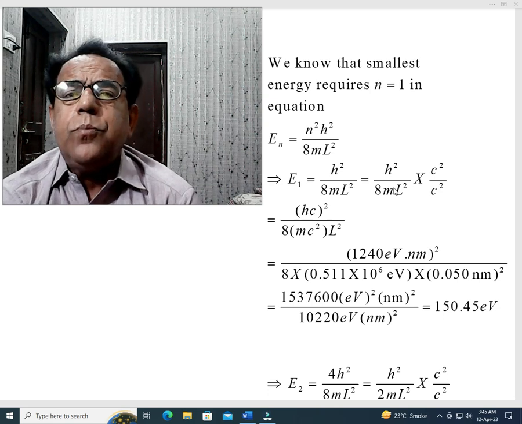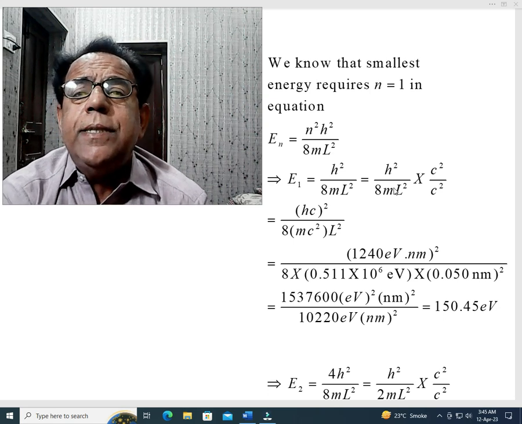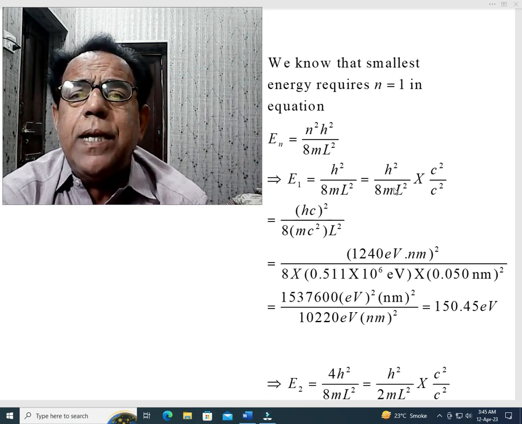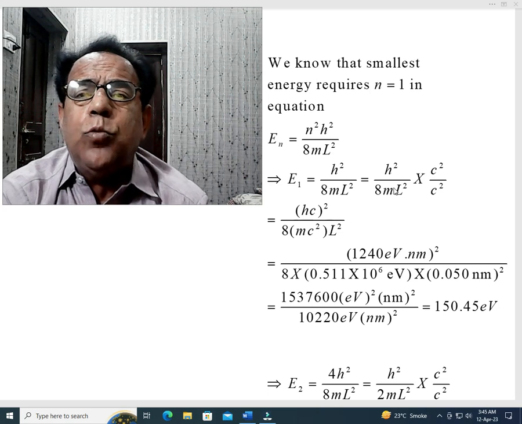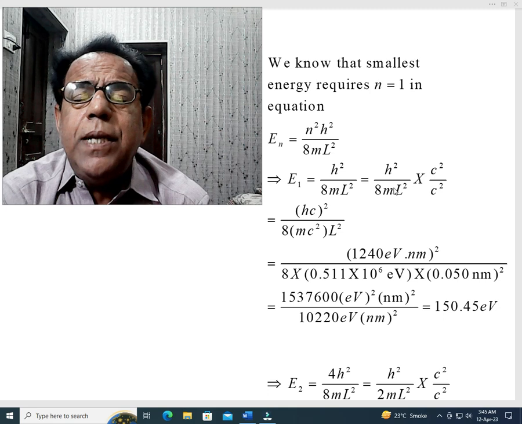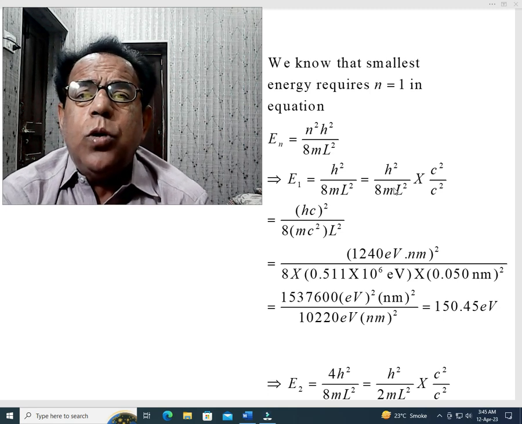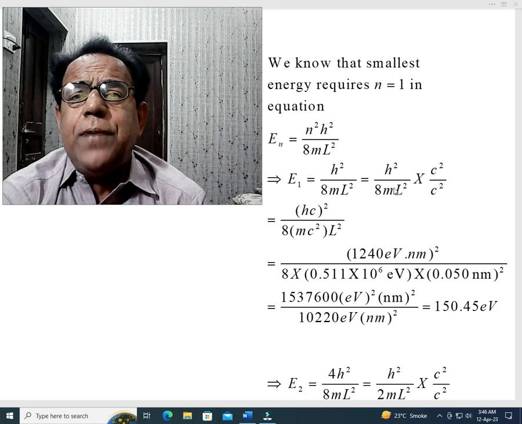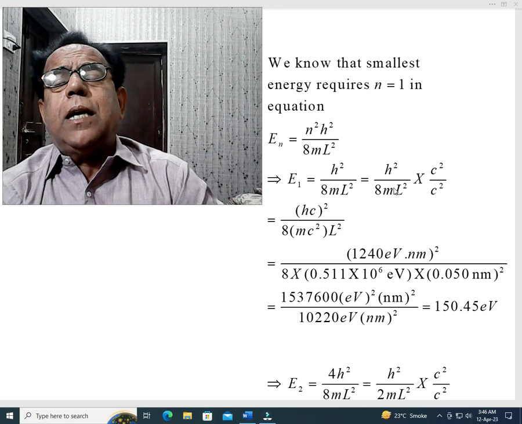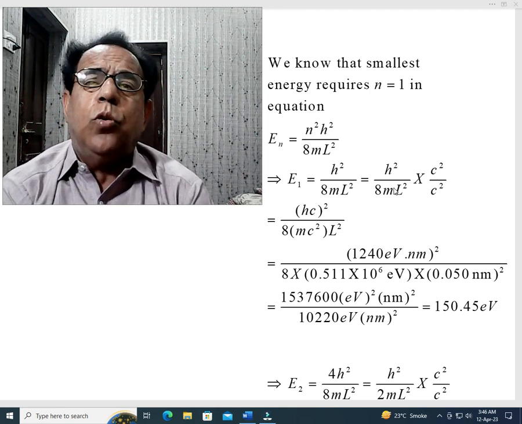Moreover, in place of mc square we have used 0.511 million electron volt. In place of million we have used 10 to power 6, because million stands for 10 to power 6. So it is our discretion whether we use 0.511 million electron volt or 511000 electron volt.